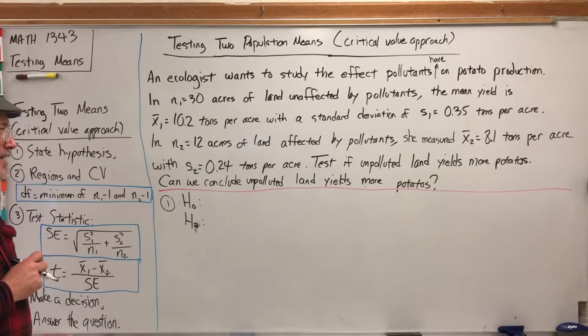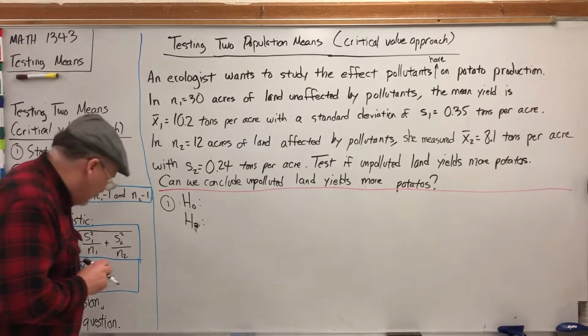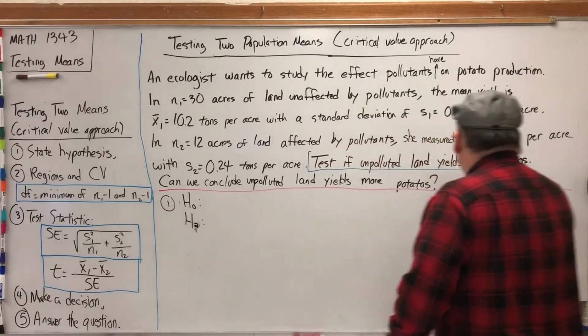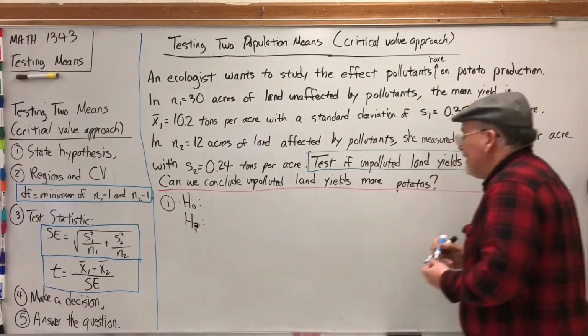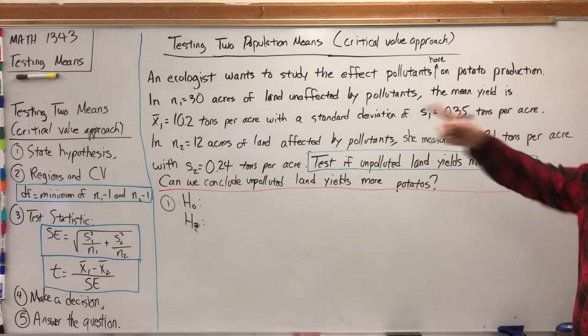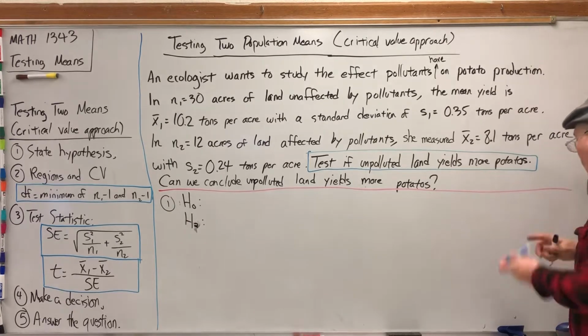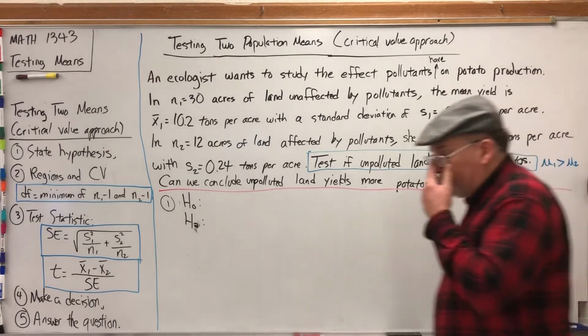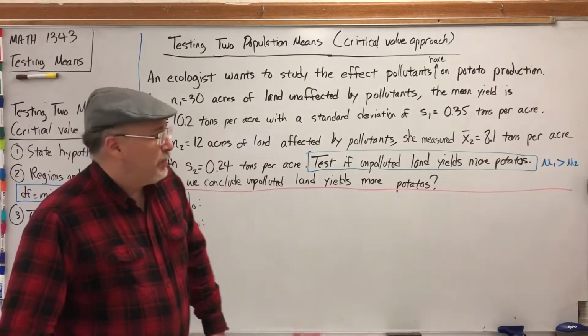So when we're being asked to test if unpolluted land yields more potatoes, we're being asked to test if the mean yield for unpolluted land, which is the 1 subscript, so mu1, yields more, so that average is greater than the yield for polluted land, which should be mu2. So we need to test if mu1 is greater than mu2, if unpolluted land yields more potatoes than polluted land.